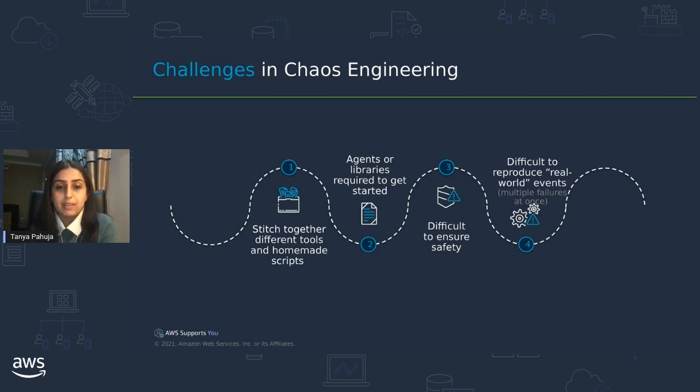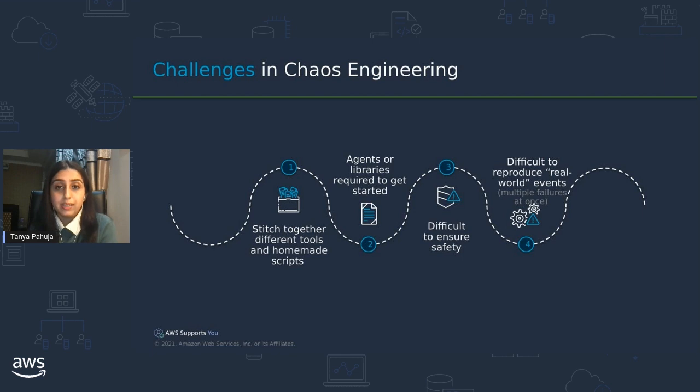We can also see that if you're performing testing in production, or if we have a high profile environment, we want to be able to limit the extent of the potential issues from an experiment. But without guardrails in place, the experiment can go sideways very quickly, right? And it might affect the rest of your environment and actually cause an outage. There is always a difficulty in ensuring safety.